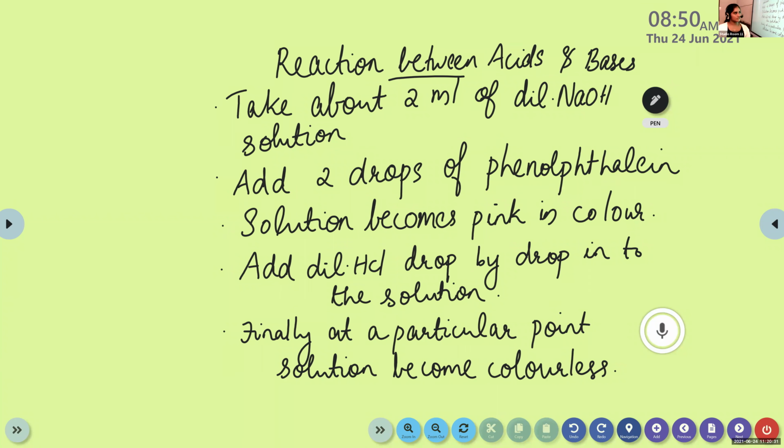It's a colorless solution, and when we add these 2 drops of phenolphthalein into this dilute NaOH solution, it becomes pink in color. Then we add dilute HCl drop by drop into that solution. And finally, at a particular drop, that solution becomes colorless again. So this is the observation for this activity.